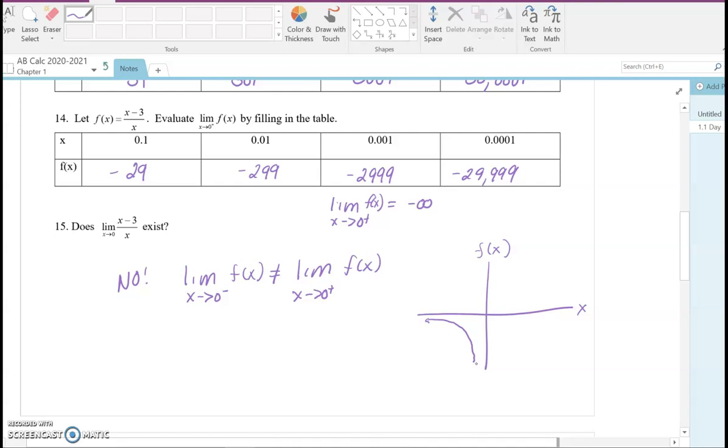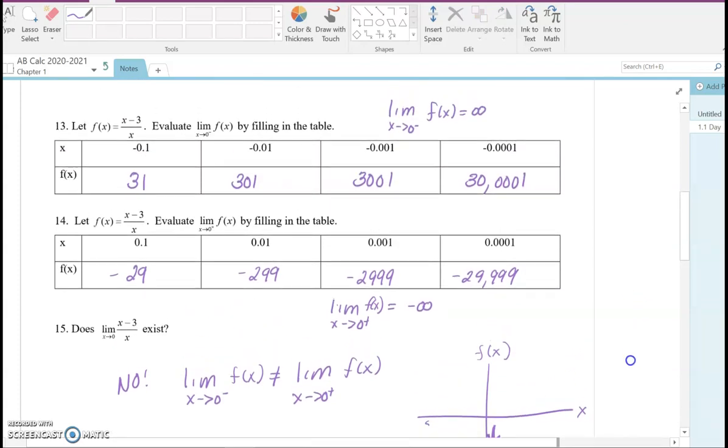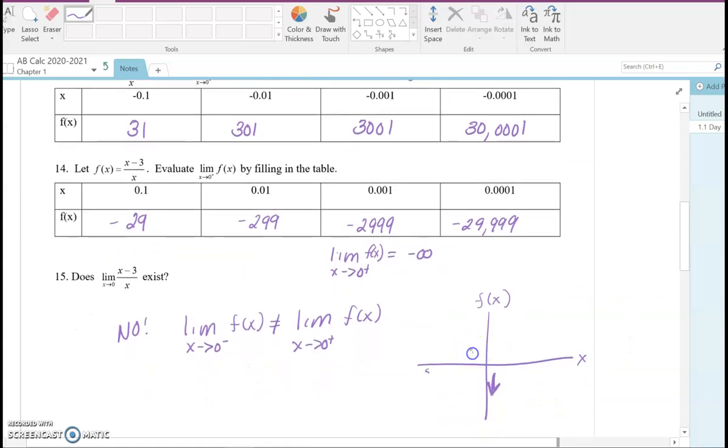I'm actually not a fan of what I just drew there because I would know where my horizontal asymptote was, but I would know that as x approaches 0 from the right, the values are going downward. They're going like this. And as x approaches 0 from the left, they're going upward like that. And we could talk later about the horizontal asymptotes and things like that.